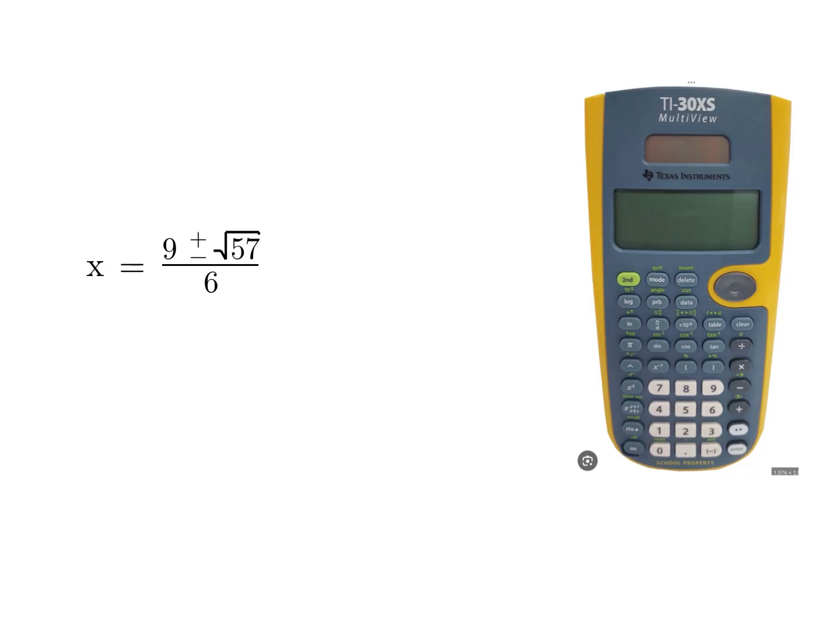We can break this up into two parts. This is x equals 9 plus the square root of 57 over 6, and x equals 9 minus the square root of 57 over 6.